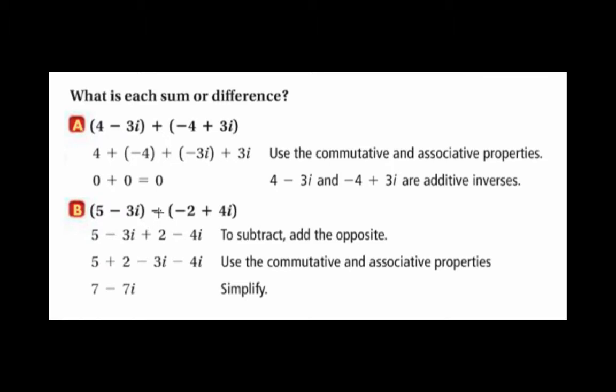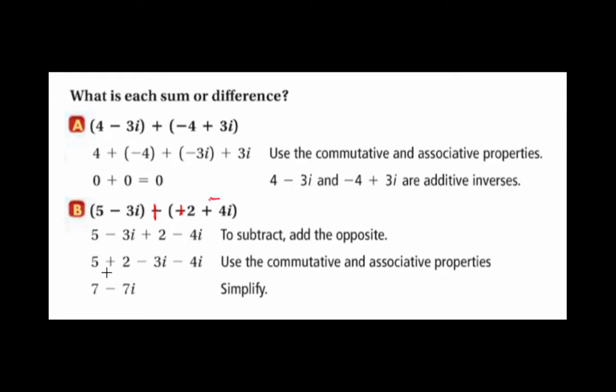And then, subtracting this complex number, we're going to add the opposite of these parts of the complex number. So we're going to add the opposite of negative 2, which is positive 2. We're going to add the opposite of positive 4i, which is negative 4i. So that's where the plus 2 and the minus 4i come from.